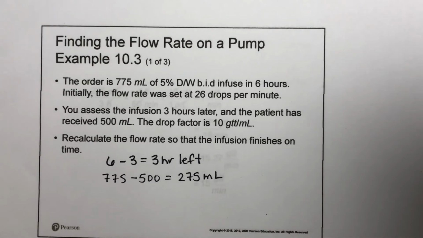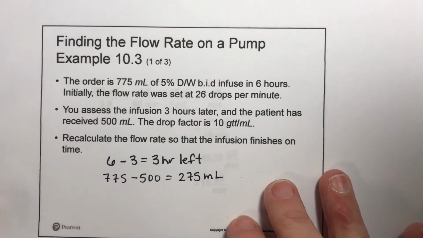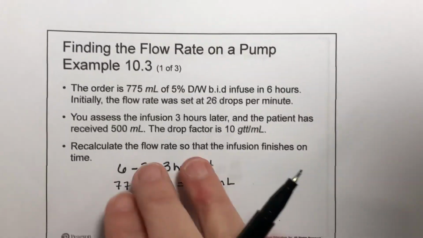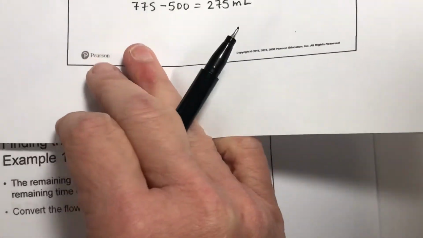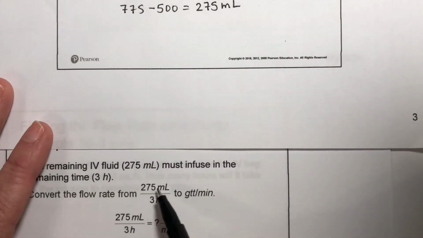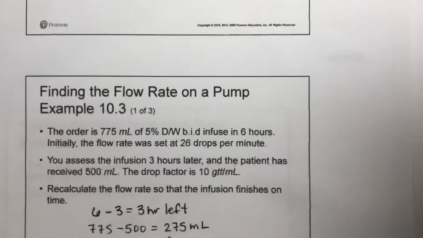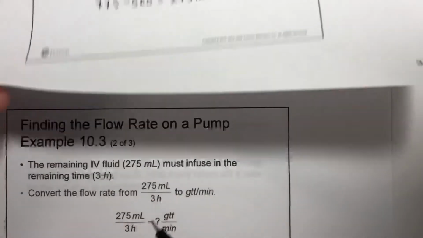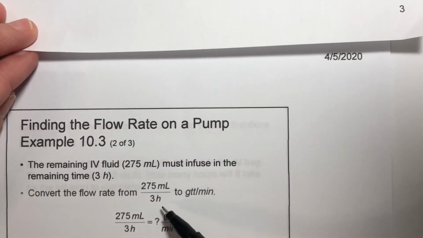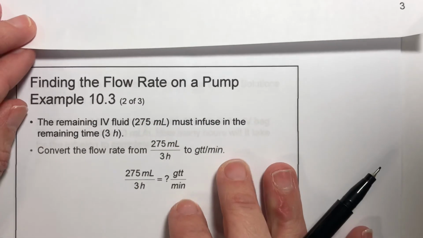So I'm going to take this and bring it over to this next slide. So right now we had this. We had 275 milliliters for 3 hours, and that's what we have from right here.